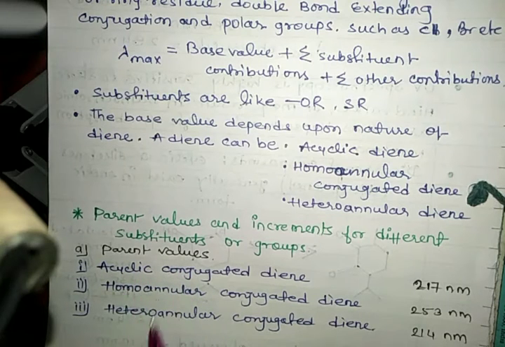Parent values are of three types: acyclic conjugated dienes, homoannular conjugated dienes, and heteroannular conjugated dienes. Acyclic conjugated diene is 270 nanometer, homoannular conjugated diene is 253 nanometer, and heteroannular conjugated diene is 240 nanometer.